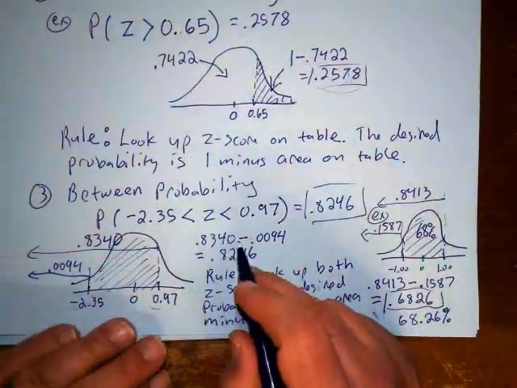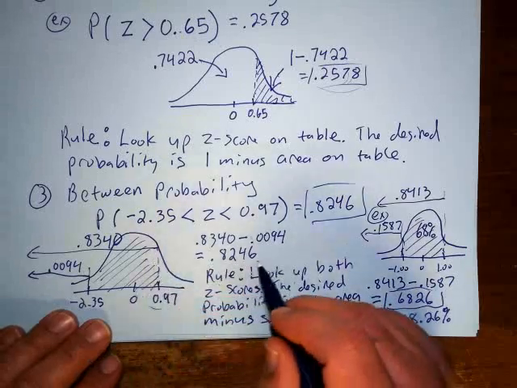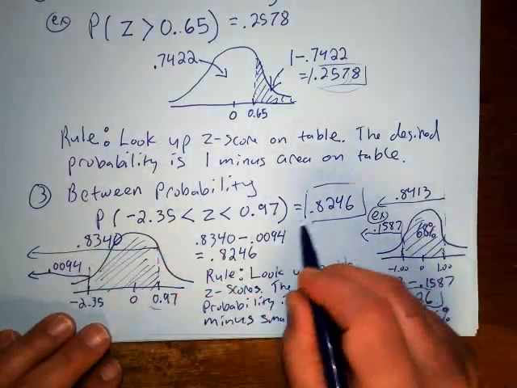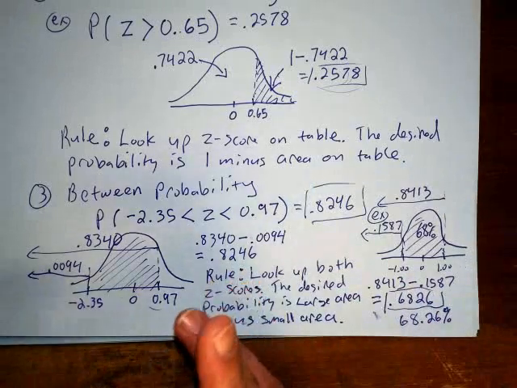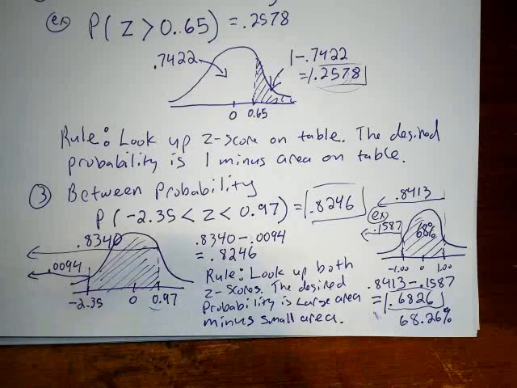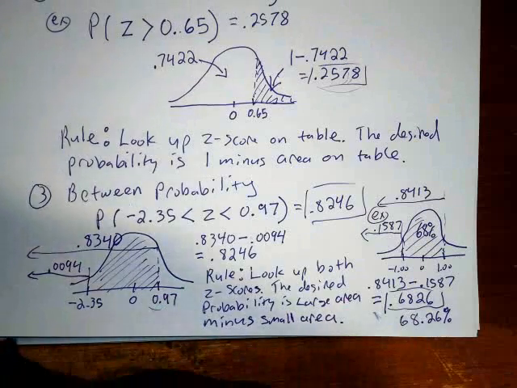For a between probability, you look up both z-scores and subtract the two areas to get the area between. And that is finding z-score probabilities. In the next video, we are going to learn how to use the z-score table backwards.